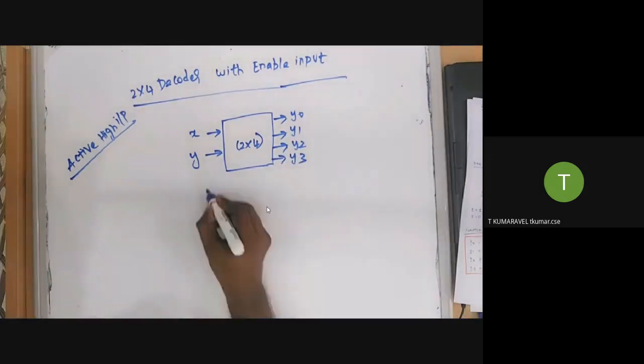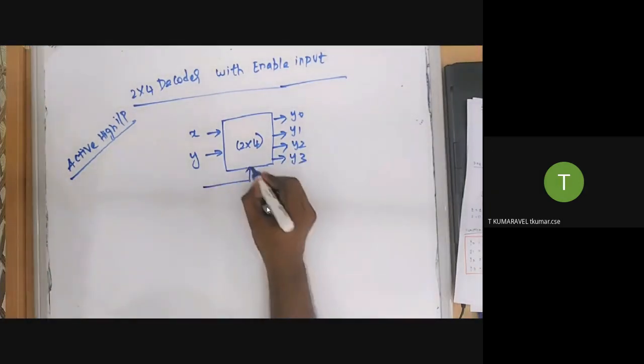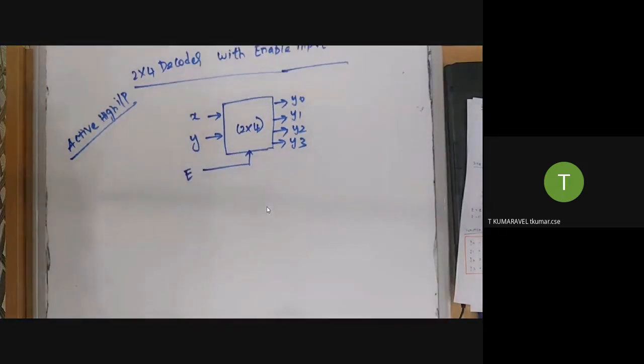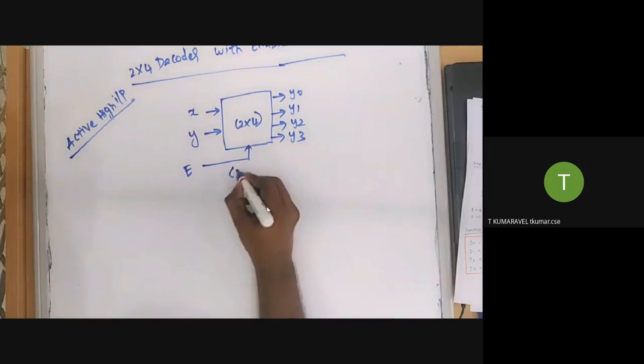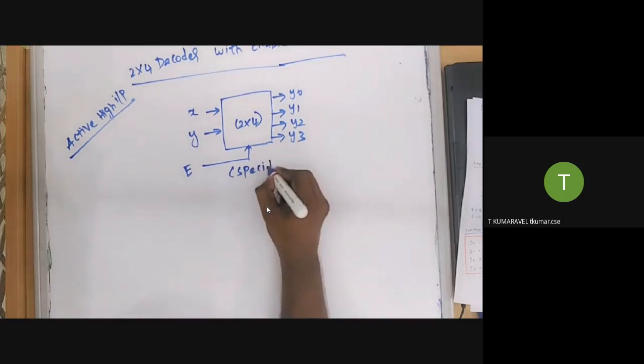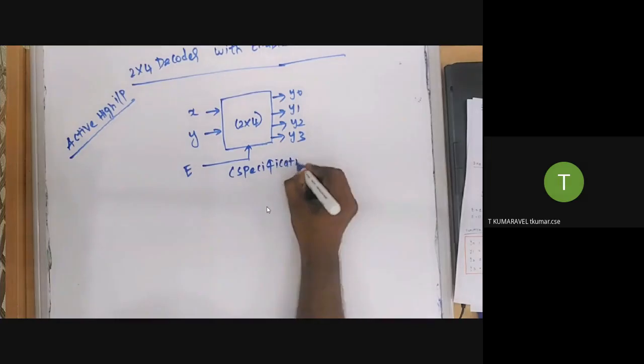Along with that, we are going to add one more parameter that is called E. This is called the specification for a 2x4 decoder with active high input.